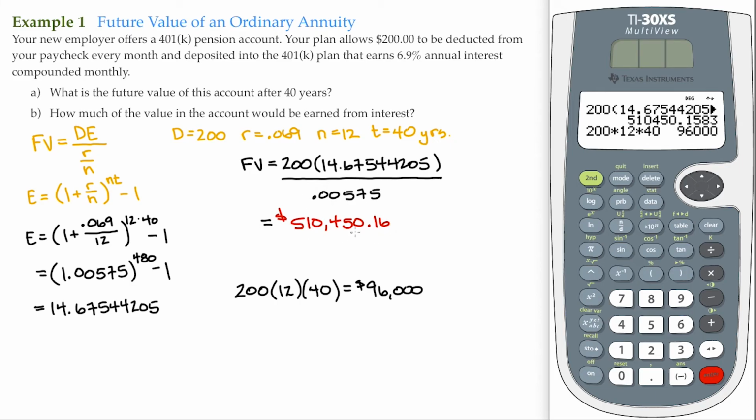So what was the interest? Well, we'll simply take the $510,450.16, subtract the $96,000. So 510,450.16 minus the $96,000.